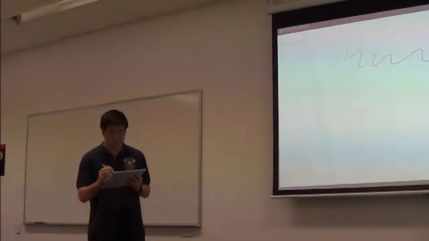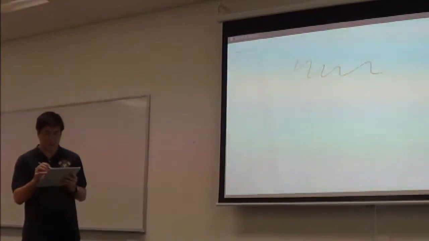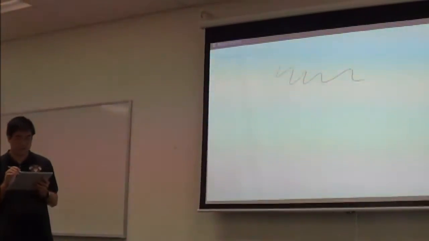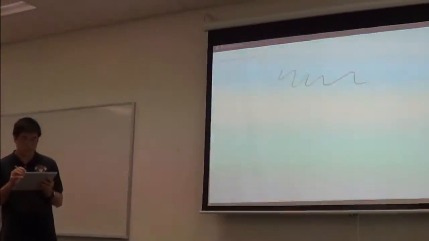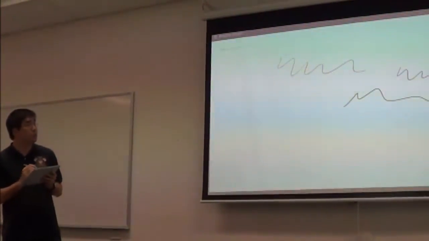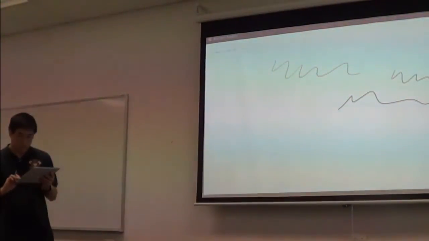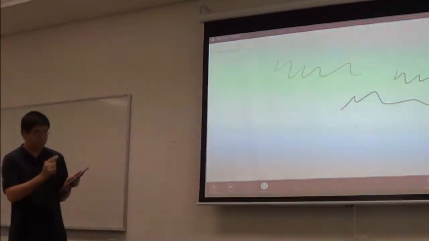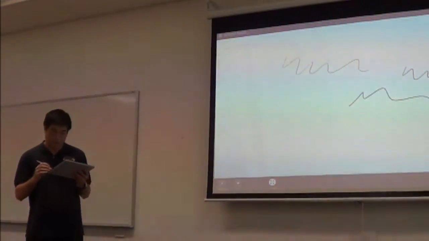Okay, so this is the OneNote application. OneNote has quite a number of features we can select. If we put our pen up at the top, we can select different pens, different colours, different thickness. We can also select the type of paper that we want.